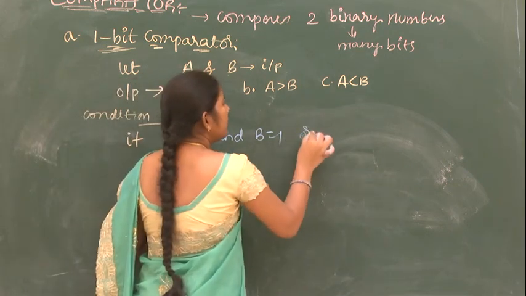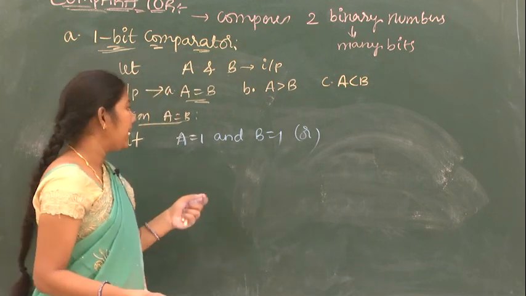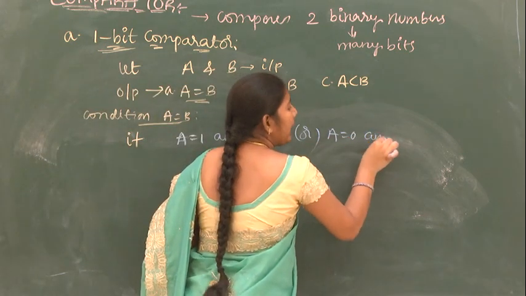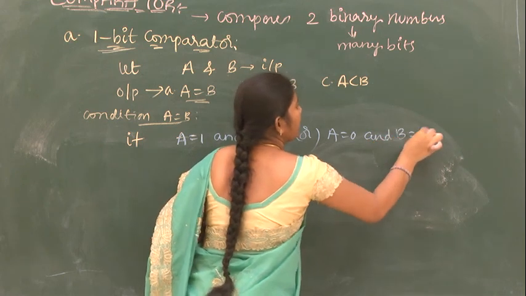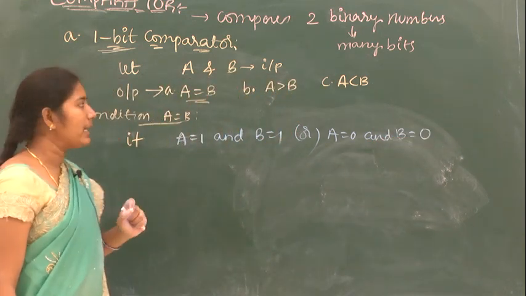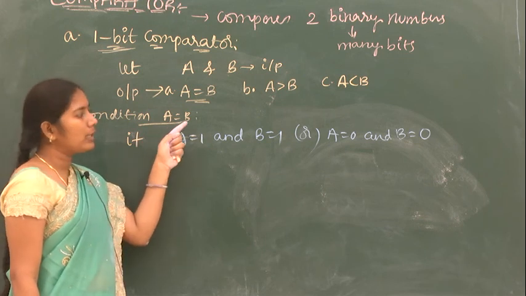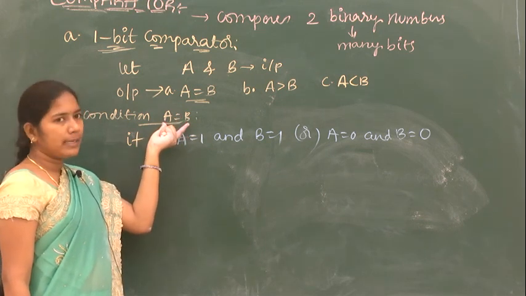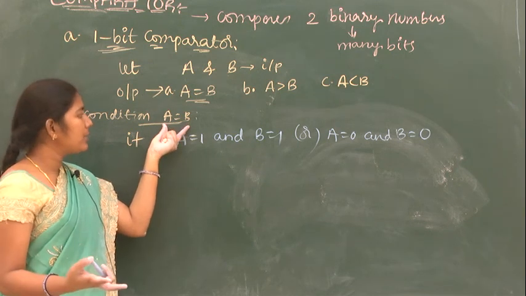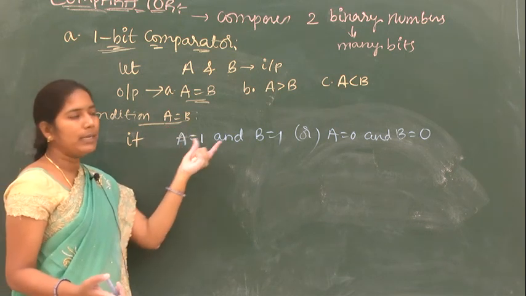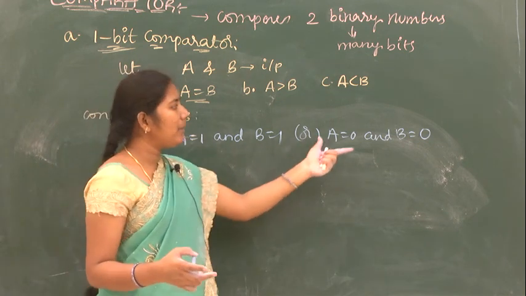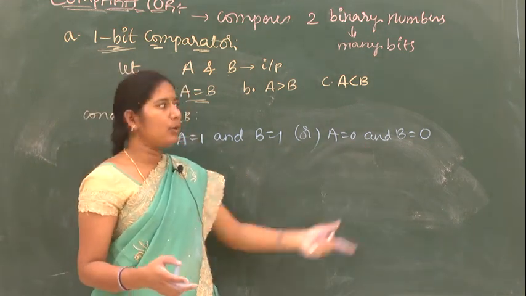Or there is one more possibility: if A equal to 0 and B equal to 0, then also we can say that A is equal to B. So to satisfy the condition A equal to B, there are two possibilities. Either A equal to 1 and B equal to 1, or else A equal to 0 and B equal to 0.